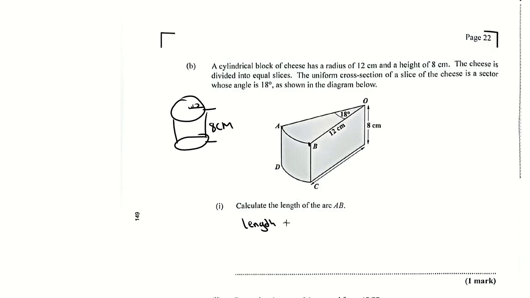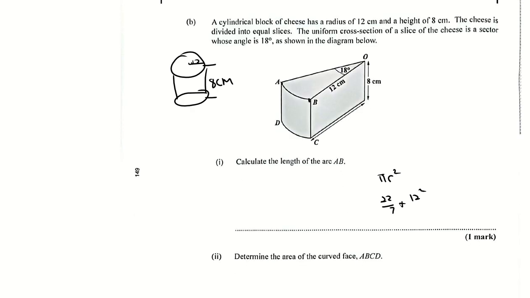Length of an arc is theta over 360 multiplied by pi r squared, which is 18 over 360 multiplied by 22 over 7 multiplied by 12 squared. Sorry, that is not length, that is area. My bad.